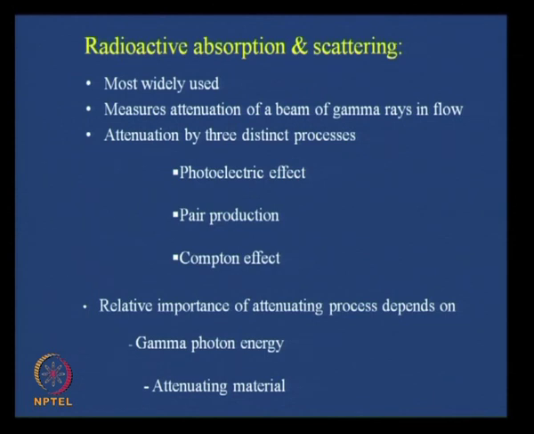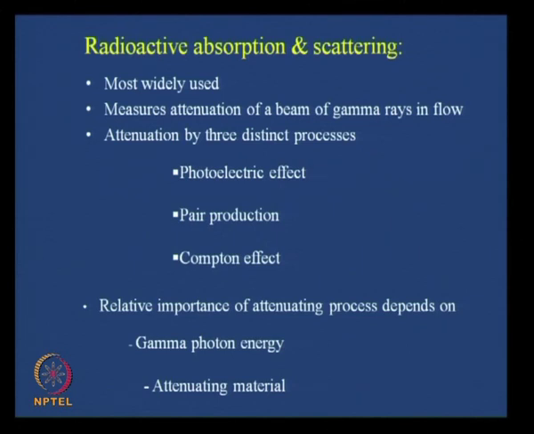In the photoelectric effect, the gamma photon, while going through the two phase mixture, gives all its energy to an atom and causes electron ejection from the inner orbit. This is the photoelectric effect. The other thing that can happen is pair production. In this case the photon creates a positron electron pair, and in the process it gets absorbed. Then this positron again produces 2 much lower energy photons.